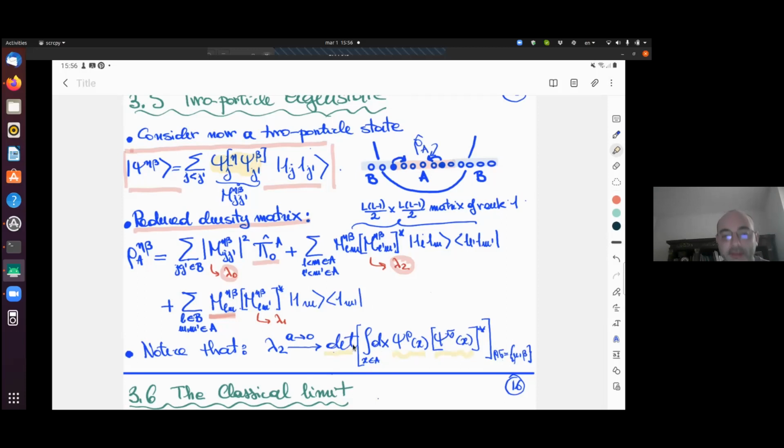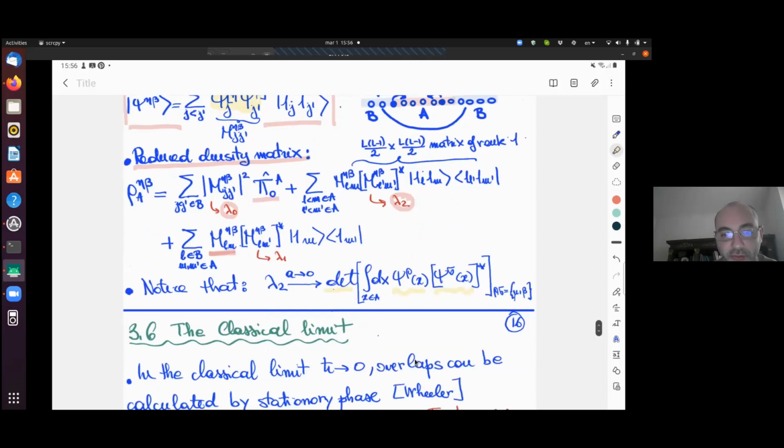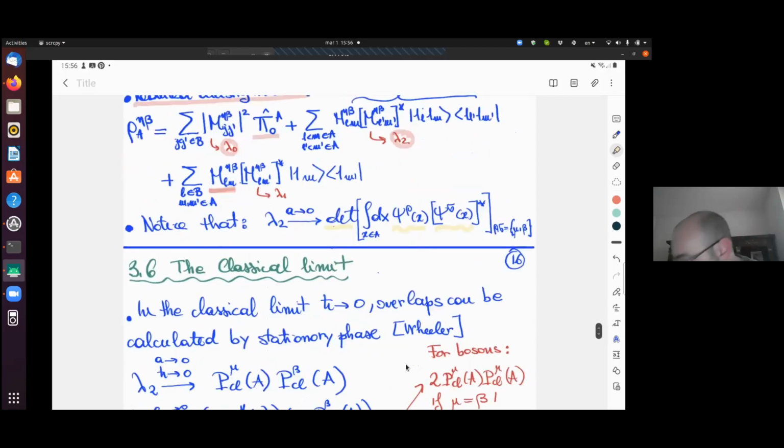To calculate this, this will be the continuum limit. To calculate the h bar goes to 0 limit, one has to see how to treat this integral when rho and the wave function are replaced by the WKB approximation. You can do this by essentially stationary phase analysis.